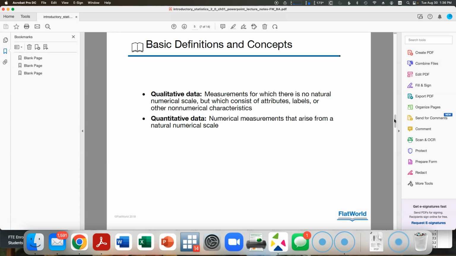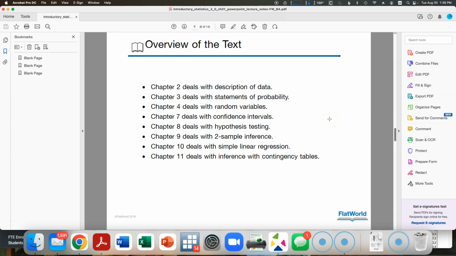So when we would take all this into account, we get kind of an overview of what's going on in all the chapters. And we're going to get through, at least through chapter 10 here in this course. And what we're seeing here as we talk about each of these chapters, what we're able to do is take statistics, which is again a general study of data, and we're going to use both descriptive statistics and inferential statistics.